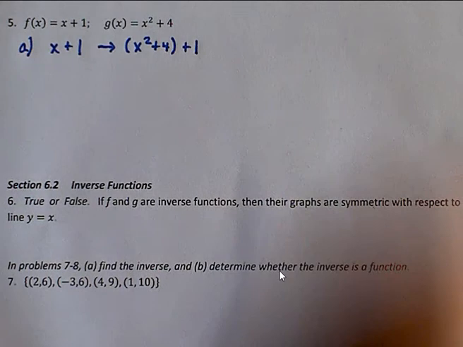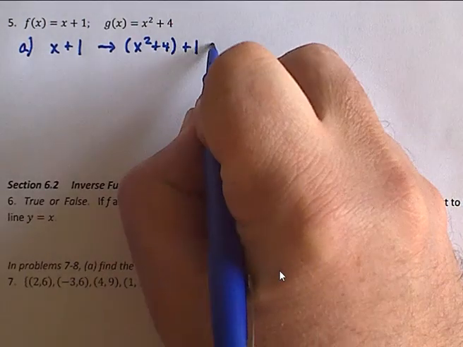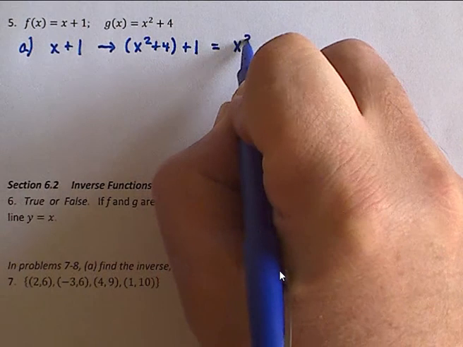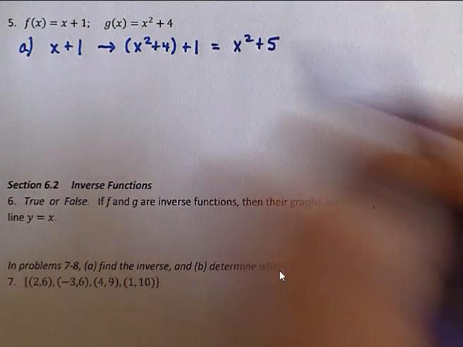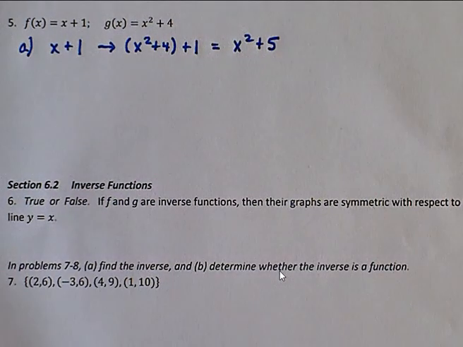So combine the like terms, and I get x squared plus 5. Okay, and that's it. So you're literally substituting a function into another one, not the answer, not the number, because there is no number provided, but the expression, and then doing the work.